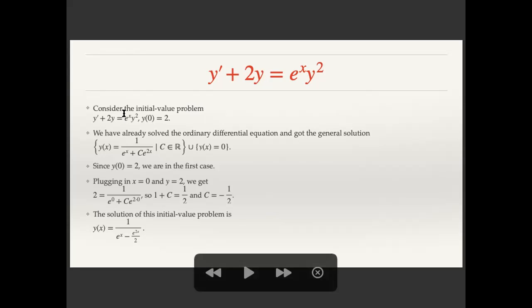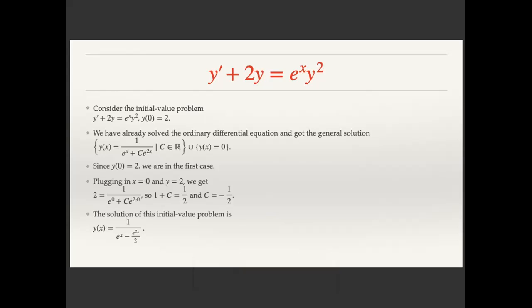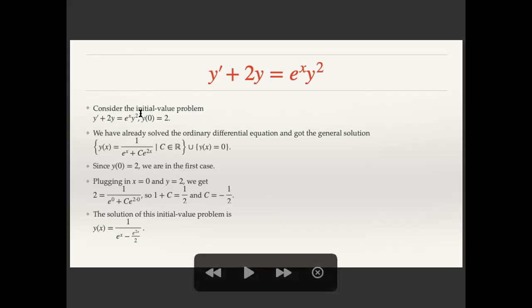So on the previous slide, we found the general solution. Now here we'll find the particular solution that corresponds to the equation together with initial conditions. And the initial condition here, so we only need one of them, because this equation is first order, is y of 0 is equal to 2.